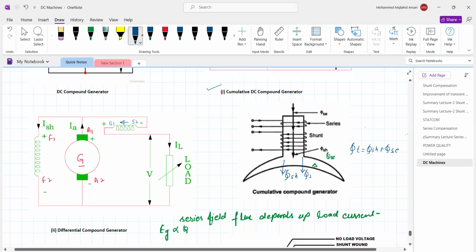It means that as the load increases, the flux over the periphery increases, and we know that the EMF generated is directly proportional to flux as long as the speed is constant.